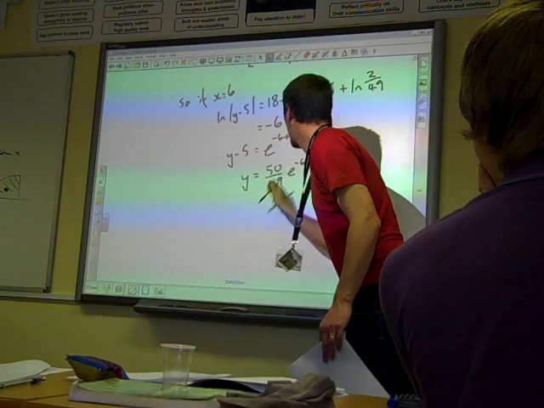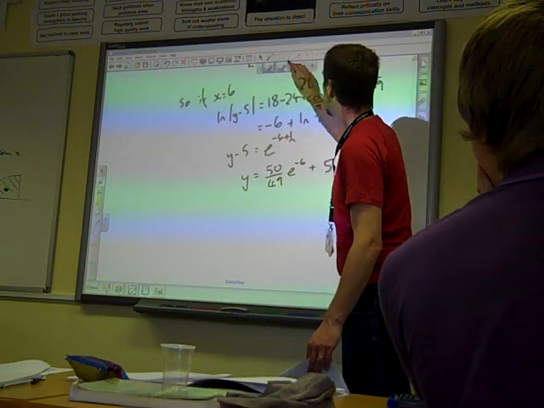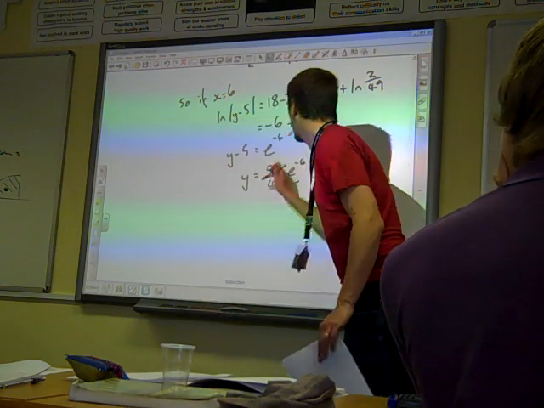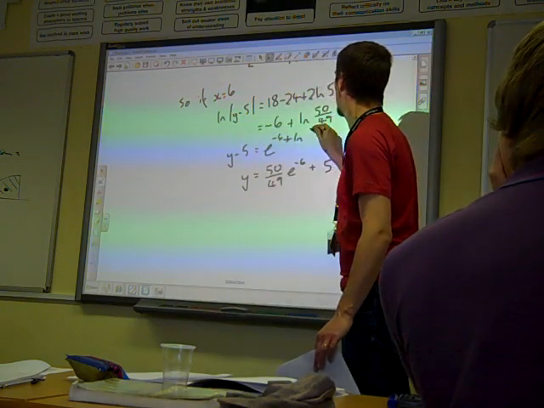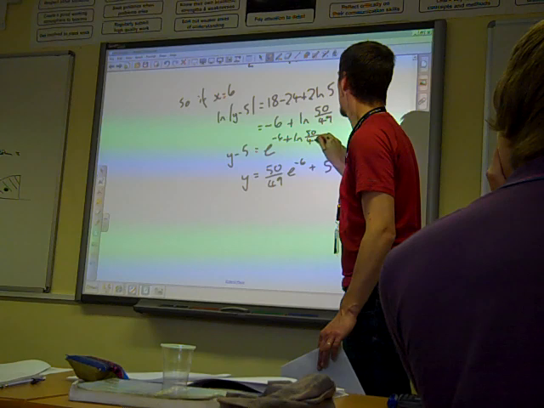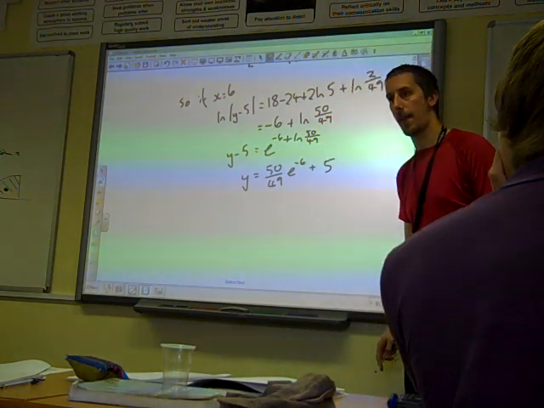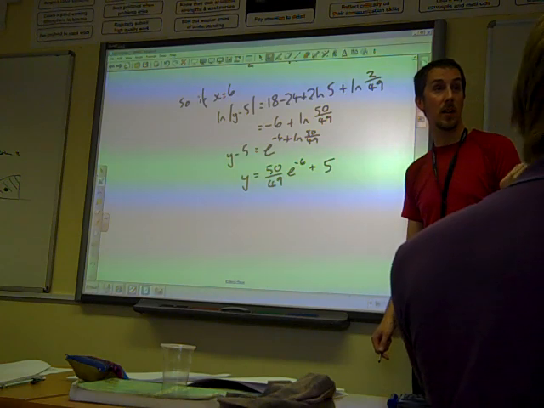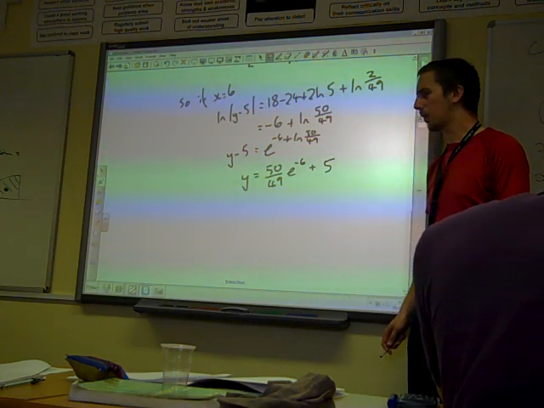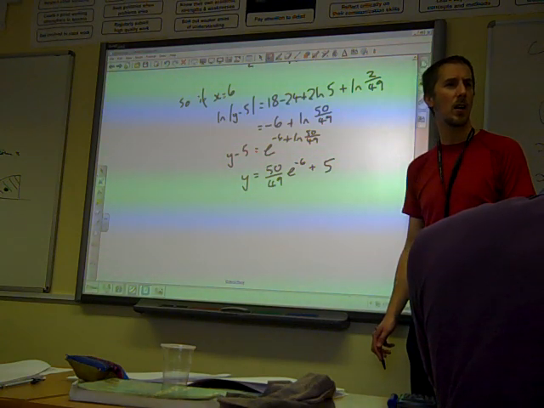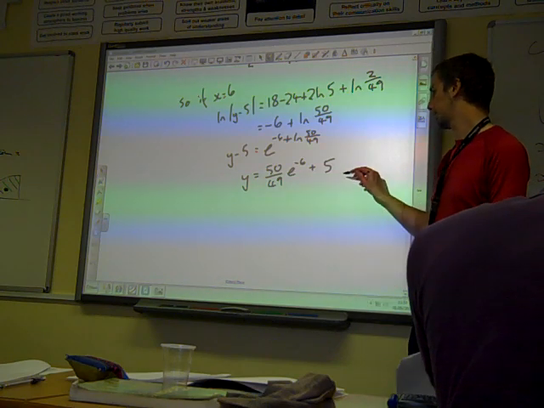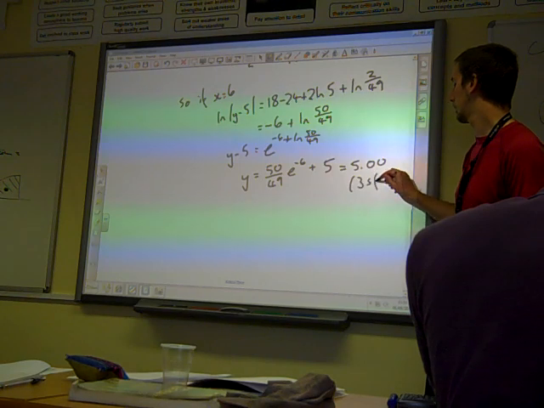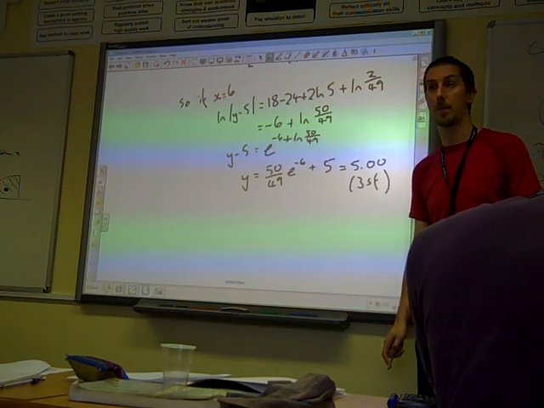Because e to the log something just equals something. Has anybody done it on a calculator? How can you multiply the 50 over 49? Because you added it. When they're added, if you combine them, you times them together, don't you?